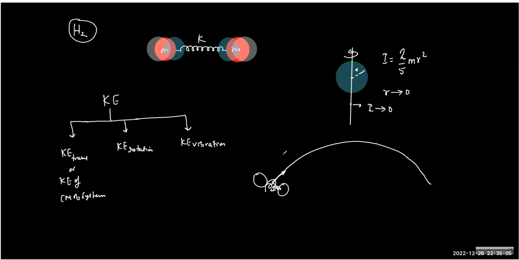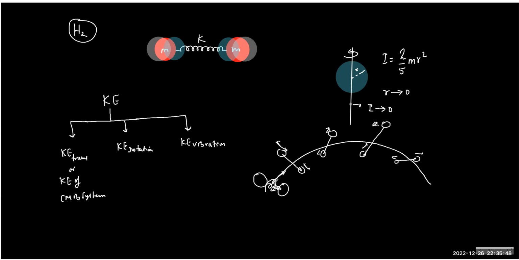And across this parabolic path, the molecule will vibrate as well as rotate. Understood? So the molecule as a whole will translate because the center of mass is moving, will oscillate because the spring was compressed, and the orientation of the two masses will shift, so we can say there is a rotation also involved.